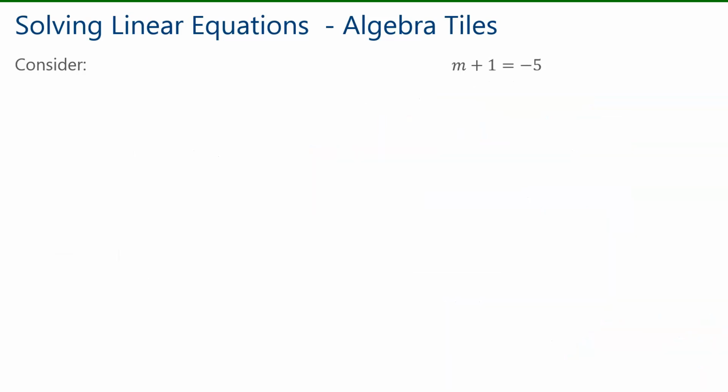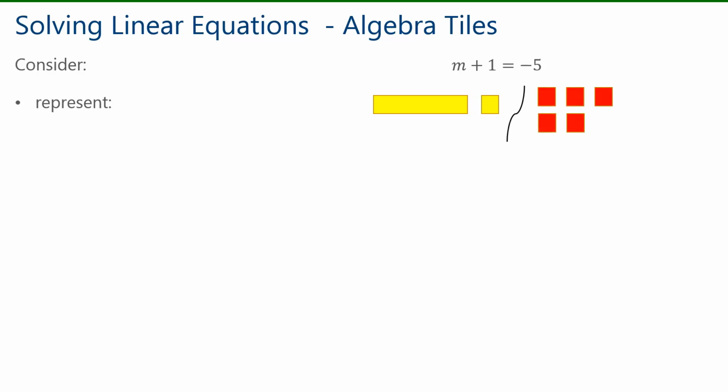Our second example, we have m plus 1 equals -5. Let's represent 1m, 1 unit, and then we have 5 negative unit tiles on the right-hand side. This corresponds to my 1m, 1 positive unit tile, 5 negative unit tiles.